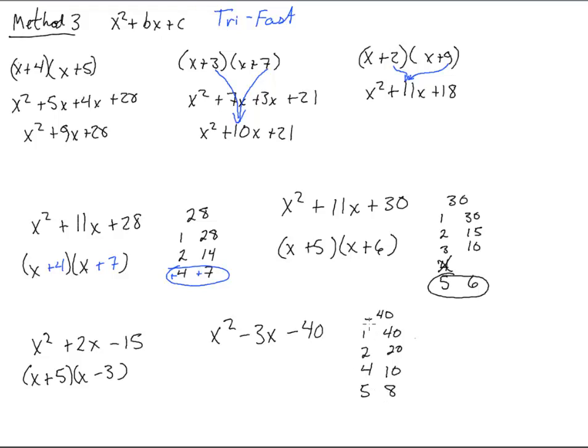Now if it is multiplying to a negative 40, then these two have to be opposite signs. So like a negative 8 and a positive 5. Now if you get them backwards, they would add to a positive 3 instead of a negative 3. So you got to watch that. So this is going to break up to x plus 5, x minus 8. And you can double check that that is correct.